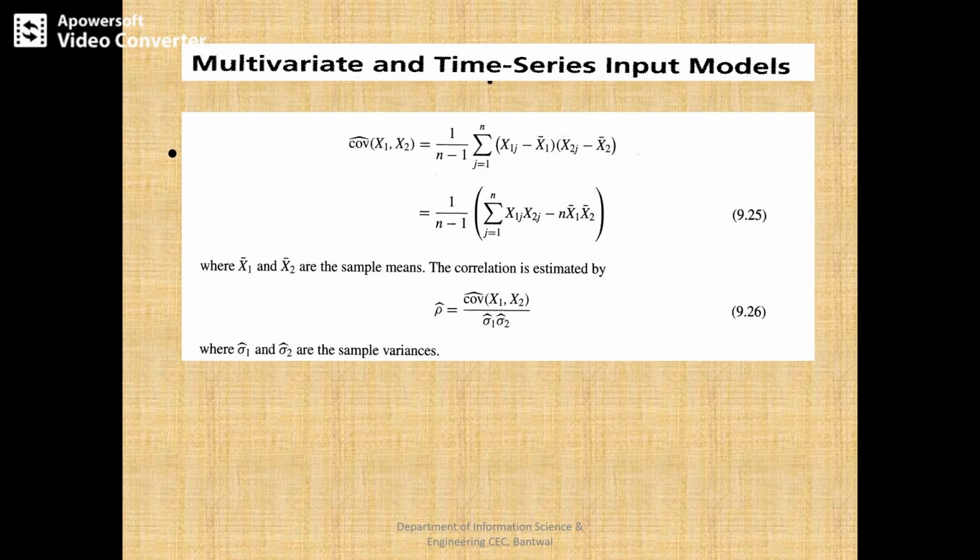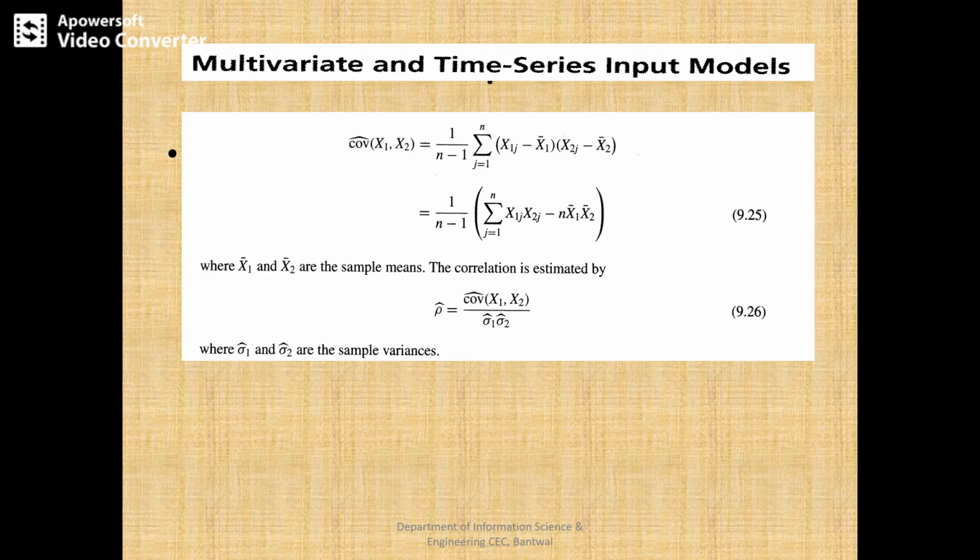We will see the input model approach after reviewing the two measures of dependence in the input series: one is the covariance and the other is the correlation.